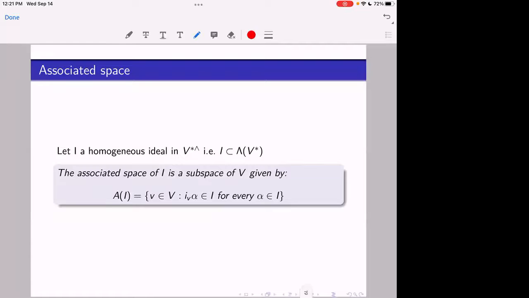Yes, because here we have a creation operator and an annihilation operator. And then we can define both in the space B and the dual space.